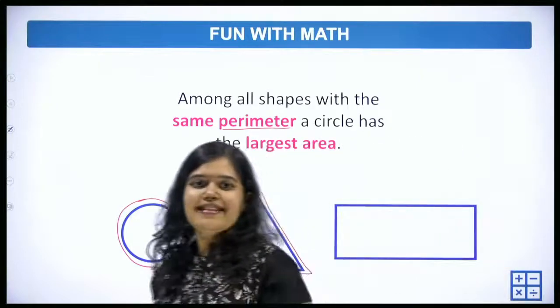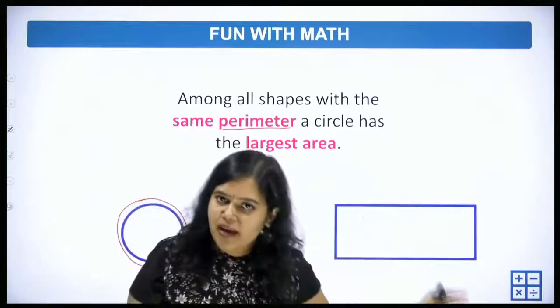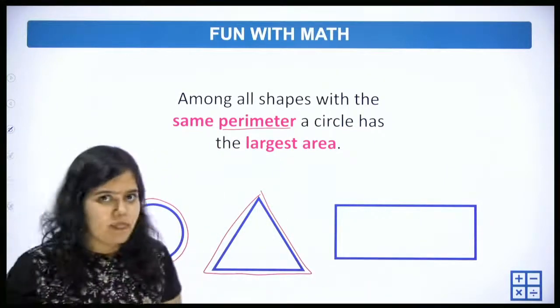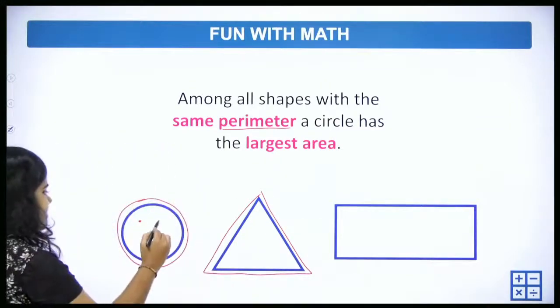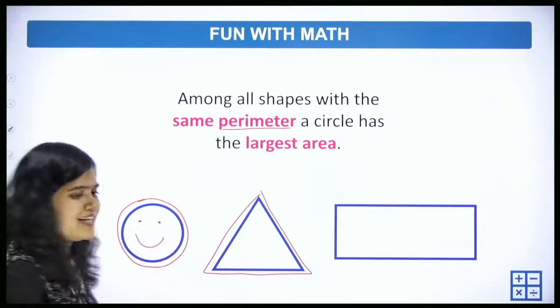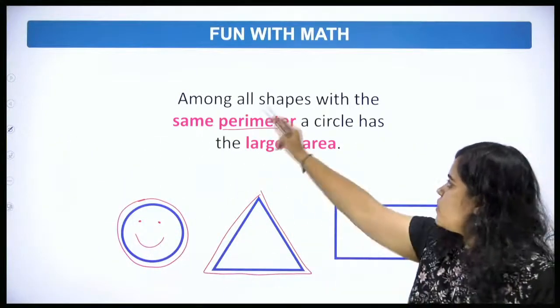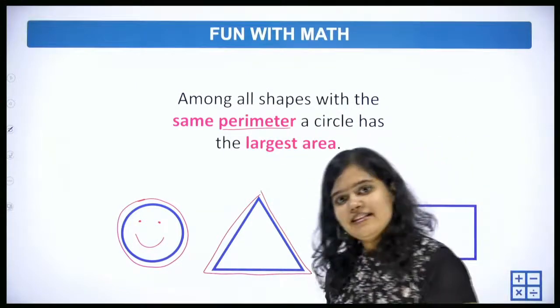So suppose the perimeter is the same for all the shapes, then the largest area is that of the circle. The largest area is always by the circle. That is the fact.